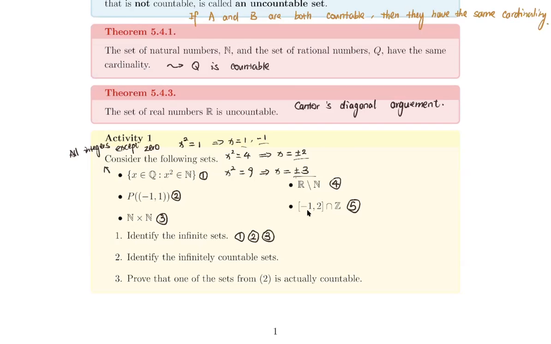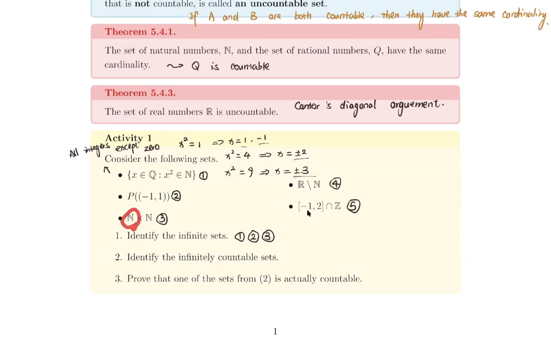Number 4, anyone know what's number 4? What's the other way to write number 4? Okay, 3. This is infinite, right? Do you agree? Natural numbers is an infinite set.